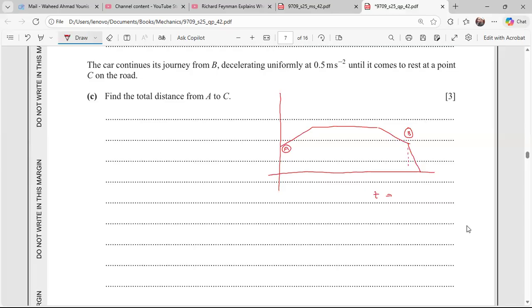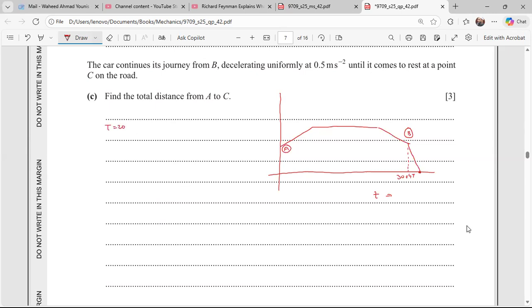Remember, this time was, what was it? 30 plus 4t. Now, what is this time? We know that t came out to be 20.